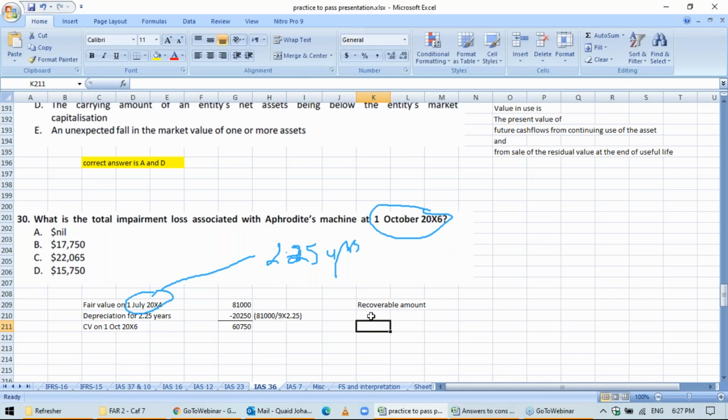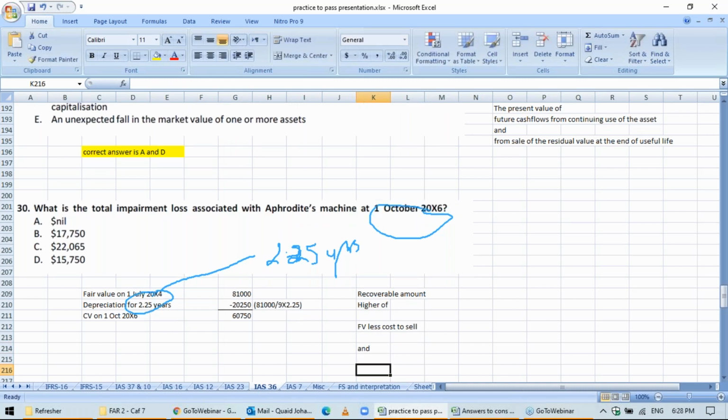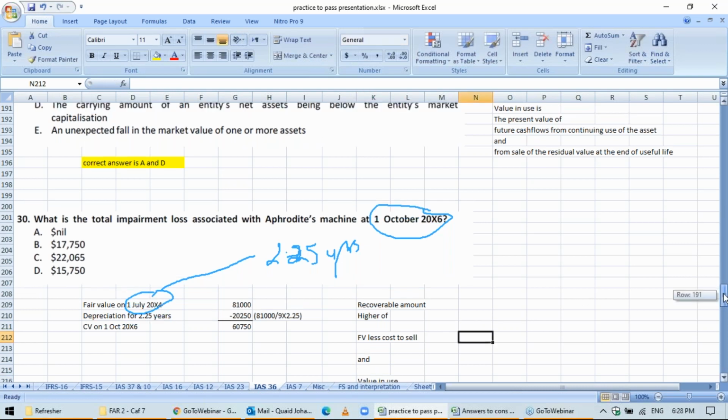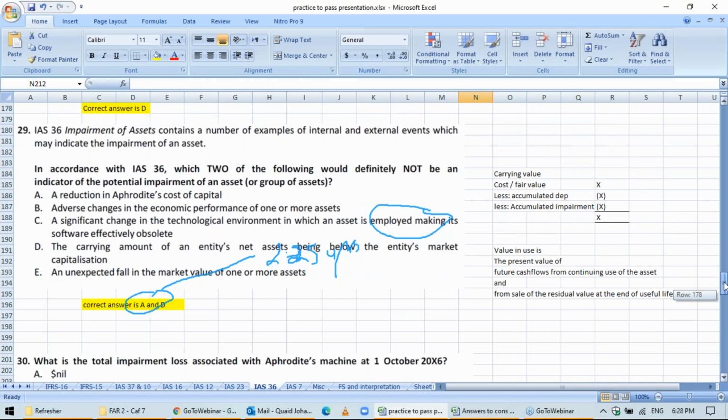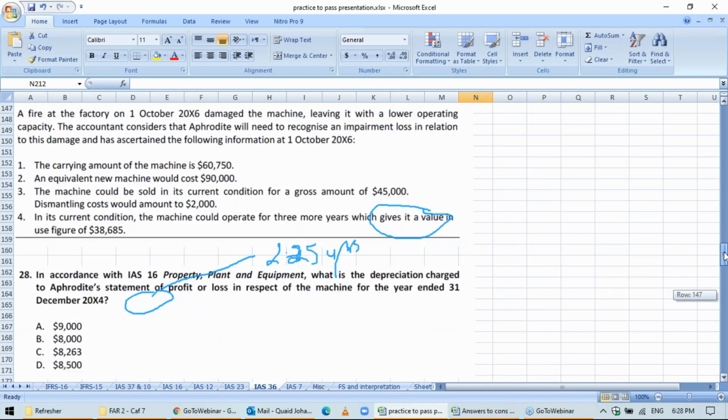The recoverable amount is the higher of fair value less cost to sell and value in use. So let's move on to the question to see what the fair value less cost to sell and the value in use of the asset, the machine, are. So I'm moving back to the question. Let's check.